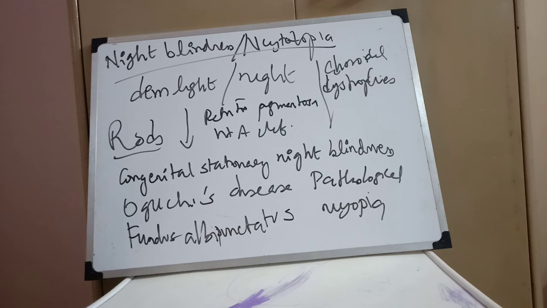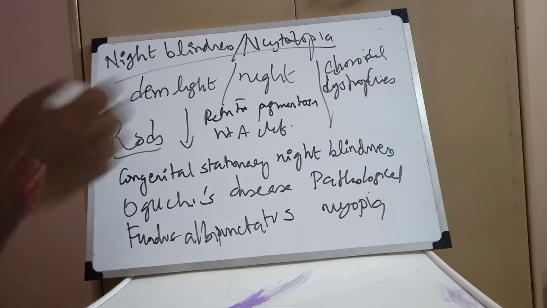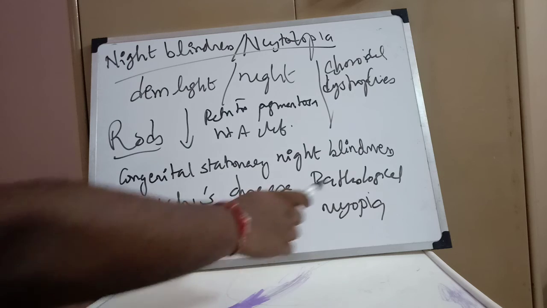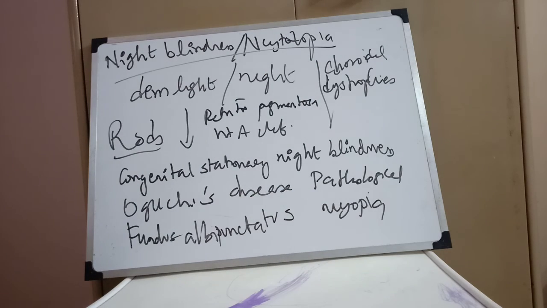So night blindness can be caused by retinitis pigmentosa, vitamin A deficiency, congenital stationary night blindness, Oguchi's disease, fundus albipunctatus, pathological myopia, and choroidal dystrophies like gyrate atrophy and choroideremia.